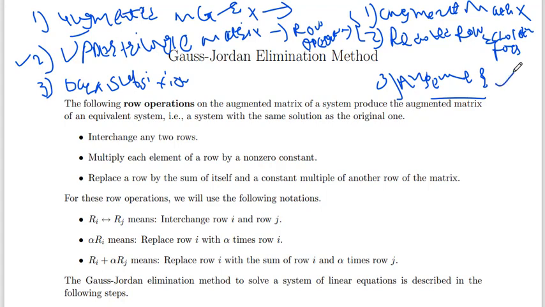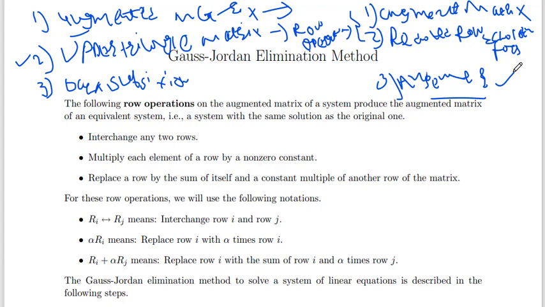If in an exam you have to solve linear equations and they have not specifically asked which method to use, then you can use either one: Gaussian elimination or Gauss-Jordan elimination.